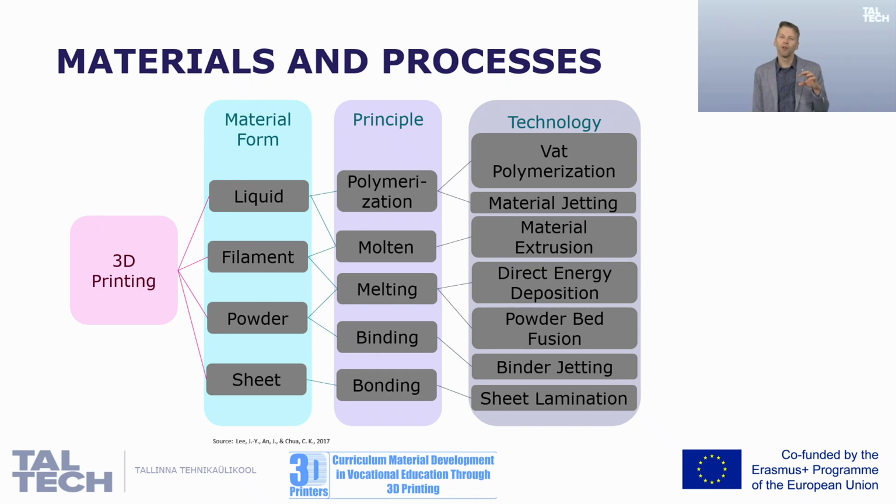Or we can use binding agents or glues to glue together powder particles to form the part. Or we can actually use also sheet material, and we can bond different cross sections of different sheets to form the part. It's called sheet lamination.